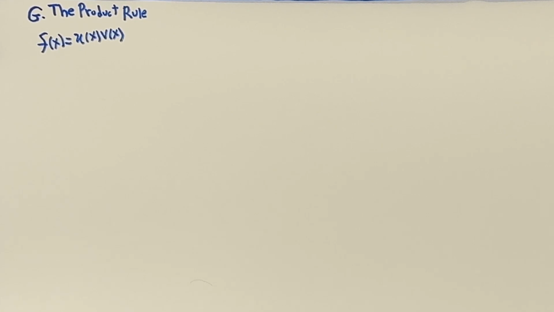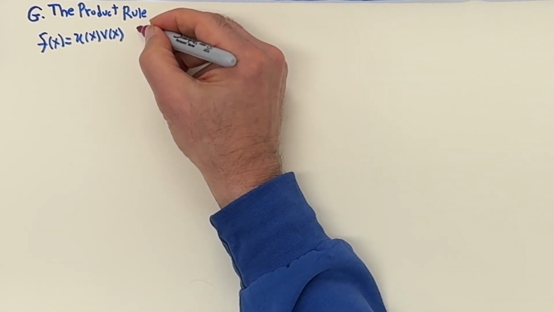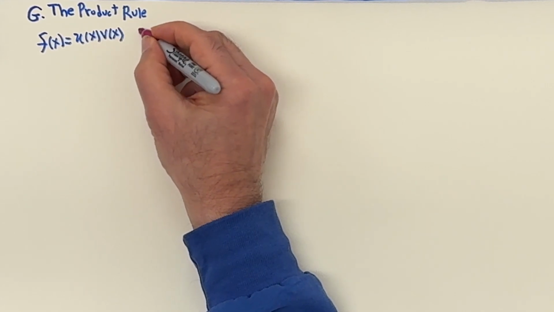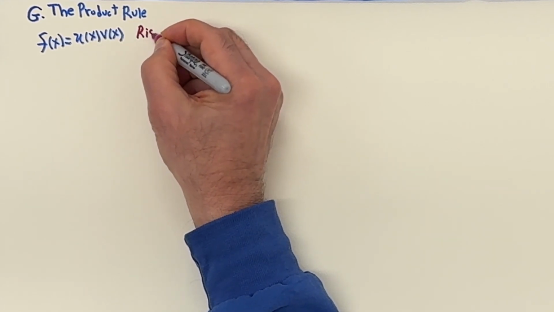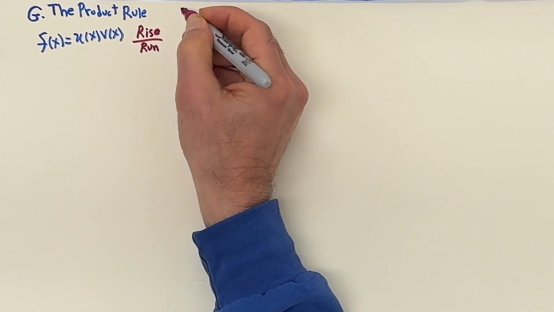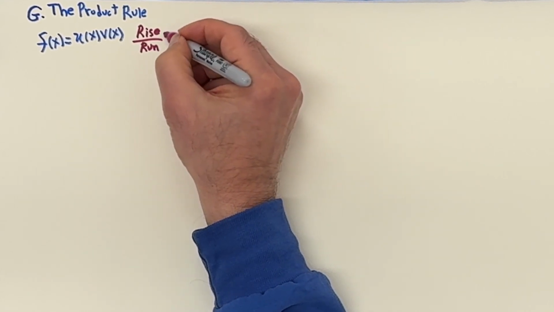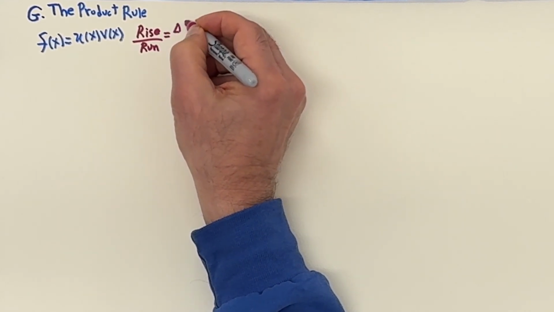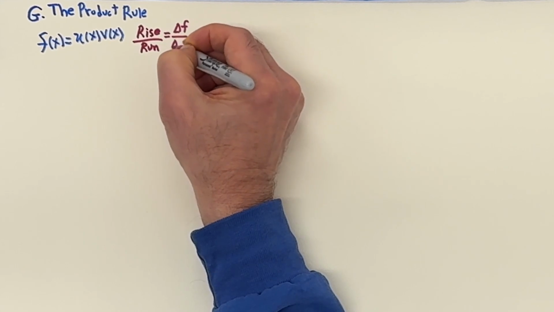And remember, our derivative is the slope, where we want the rise over the run as the limit of delta x goes to 0.